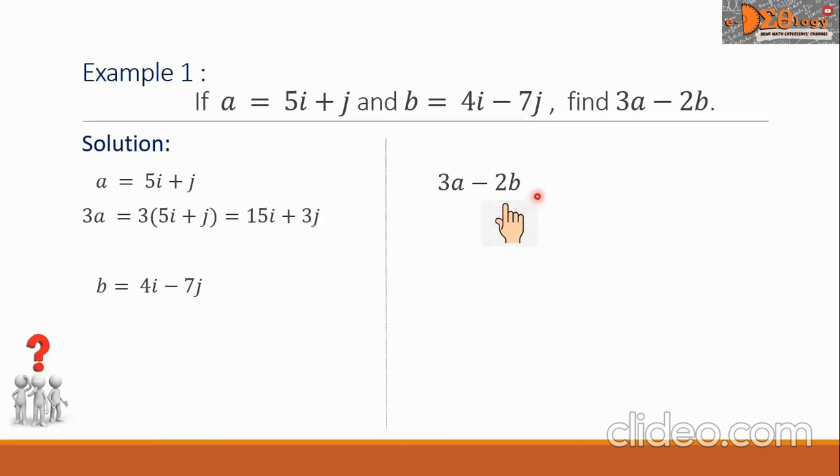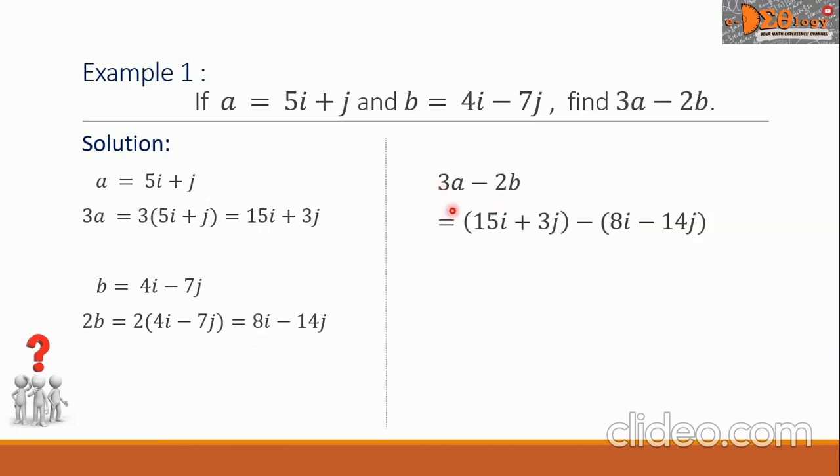Then we move to 2B. We multiply the constant 2 to vector B. So we have 2B equals 2 times the quantity 4i minus 7j. And this will be simplified into 8i minus 14j. Now, let us substitute the corresponding values. The 3A is the quantity 15i plus 3j minus the 2B, which is 8i minus 14j.